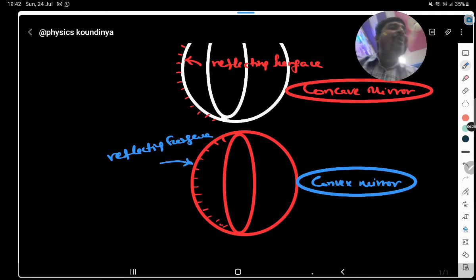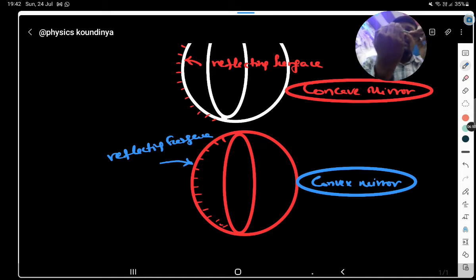One is called as concave mirror, other is called as convex mirror. You see, try to observe here. Now if I am going to keep my hand like this, see. Now if the outer surface is silvered and this is called as the reflecting surface, then this mirror is what we called as concave mirror. Now observe the hand carefully.